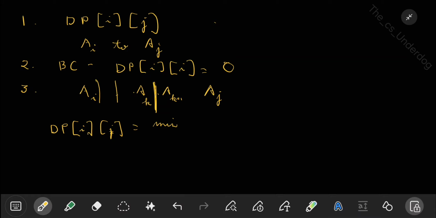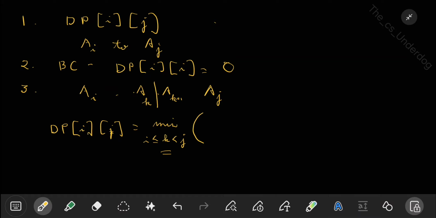I can split here, here, here, and so on. Among all the splits, I want to see which is the best possible split, which gives the minimum value. So minimum over i less than or equal to k less than j. What is k? k is the split. Whichever split gives me the best result, I'll choose that as k.